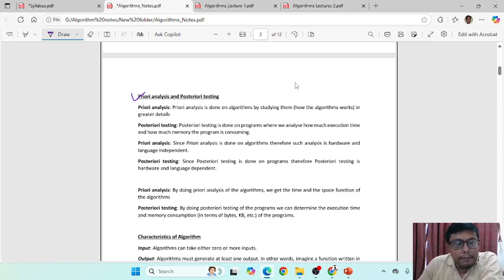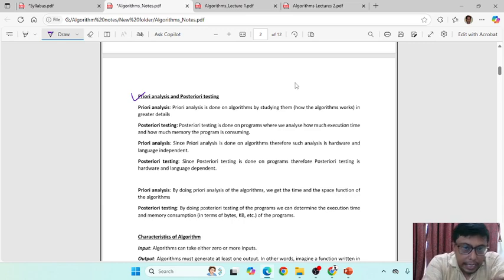First of all, a priori analysis is done on algorithms, and it studies how the algorithm works in greater detail. This is the main concept behind a priori analysis, which is studying the performance of an algorithm.